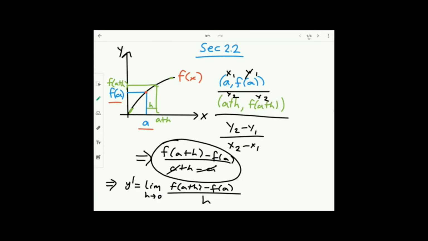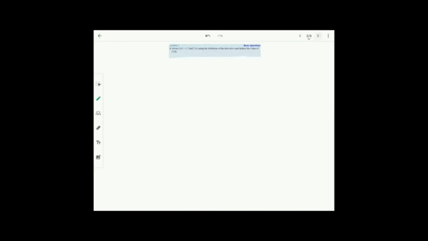But now since h is tending to 0, we should see h have very small values, 0.001, 0.0001, and so on. So h becomes smaller and smaller until we are at the same point itself. So the derivative shows us the instantaneous rate of change of the slope, if you guys can understand what I'm trying to say. So now using this definition, let's have a quick application.